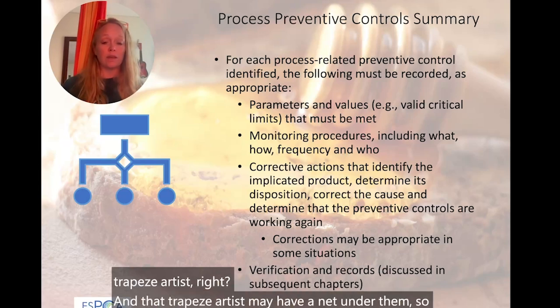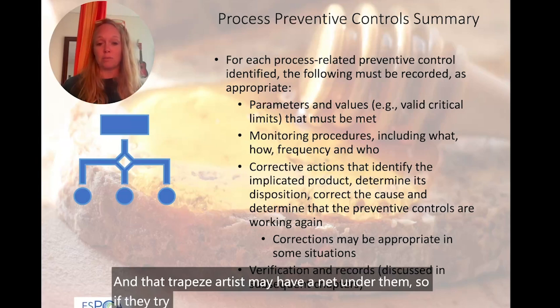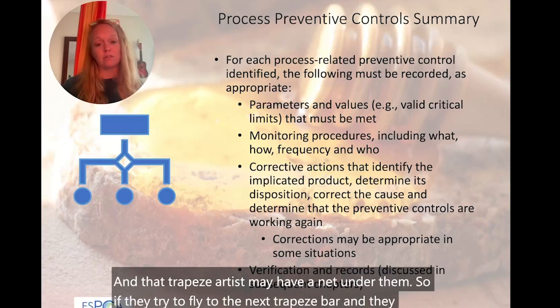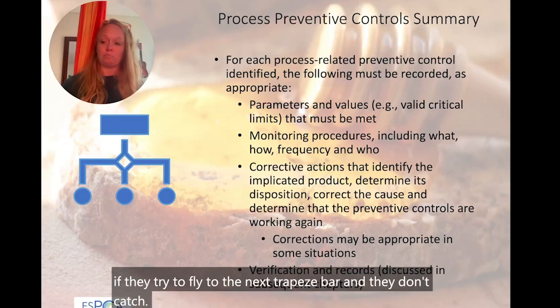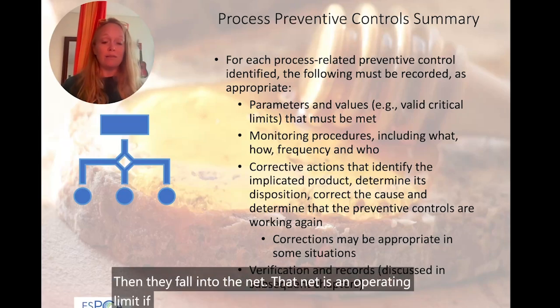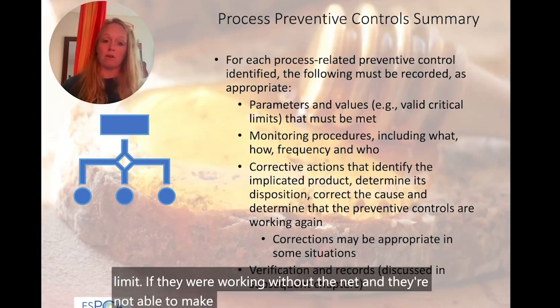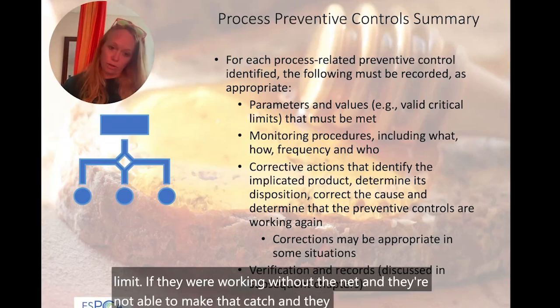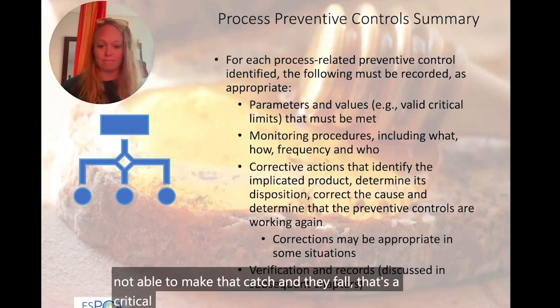So if they try to fly to the next trapeze bar and they don't catch, then they fall into the net. That net is an operating limit. If they were working without the net and they're not able to make that catch and they fall, that's a critical limit. So safe versus unsafe.